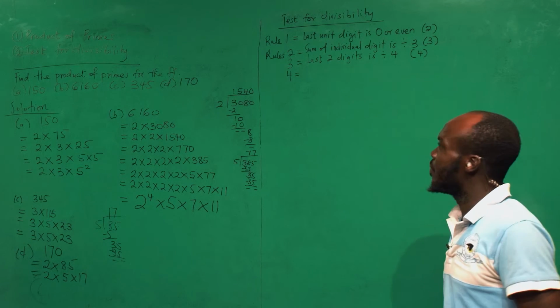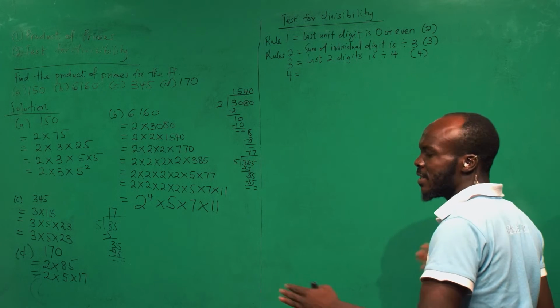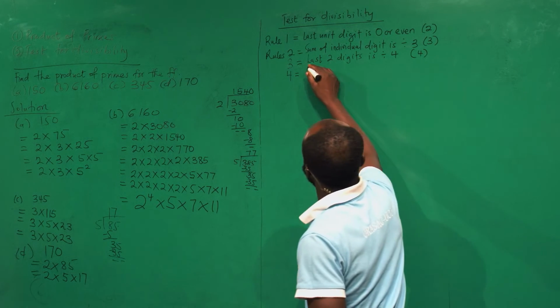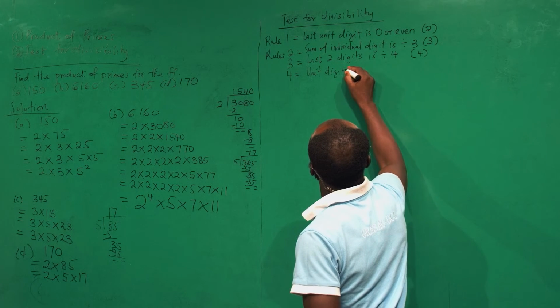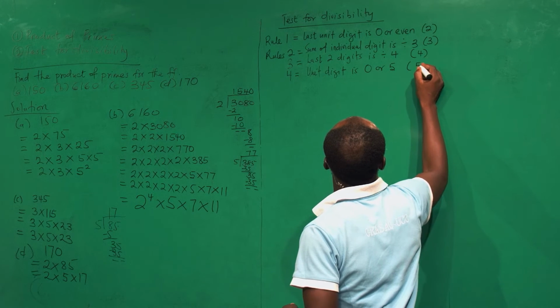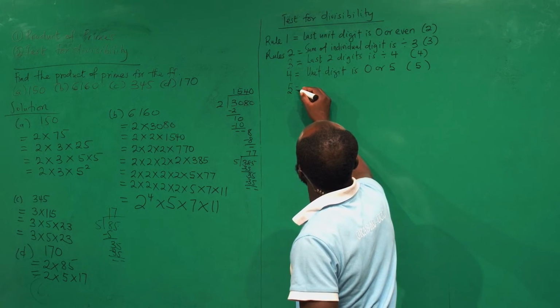What about 5? 5 says that when the unit digit, that's the last digit, is 0 or 5, then 5 divides the number. That is the rule for 5.